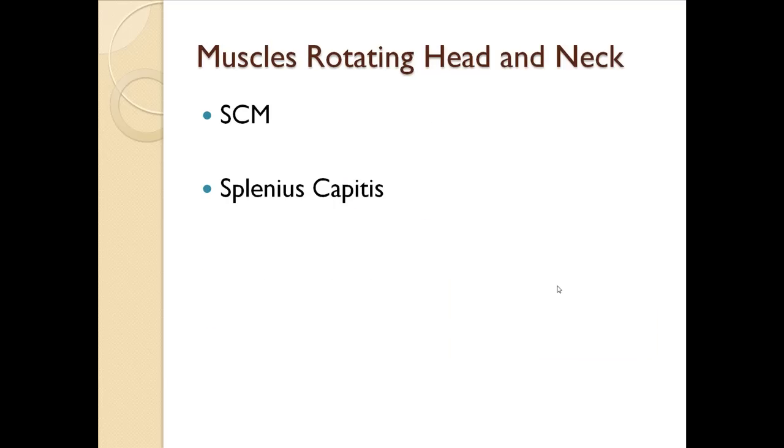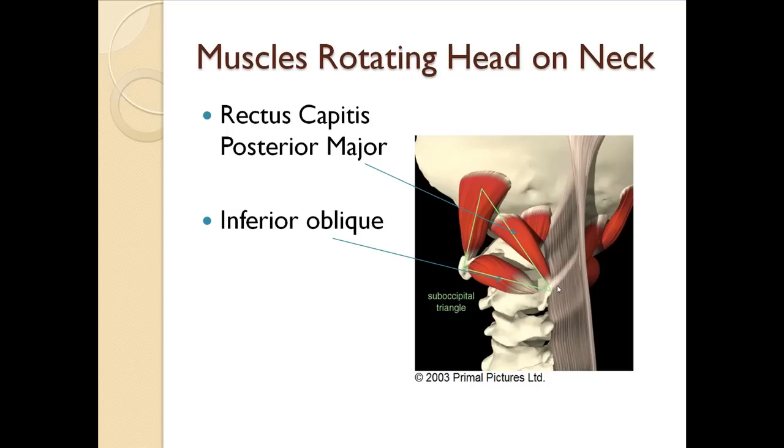That is then assisted by splenius capitis that also has a cranial attachment. They're assisted again by this posterior suboccipital triangle. So we've got over here the inferior oblique and the superior oblique there, and then rectus capitis major. And this is the suboccipital triangle that we often talk about as being overly active.